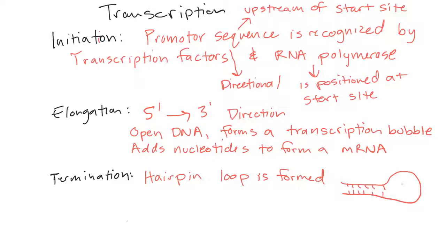All right, and this happens only in prokaryotes, but a hairpin loop is where the tail of the messenger RNA forms this loop where hydrogen bonds form between the bases and the nucleotides.